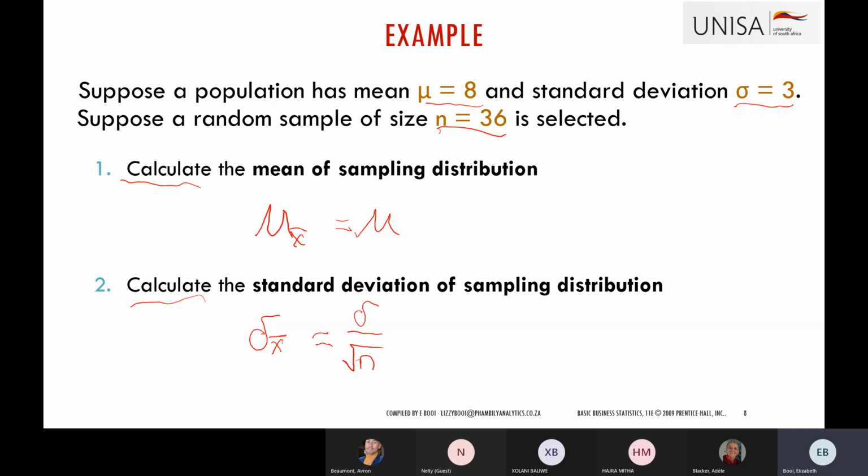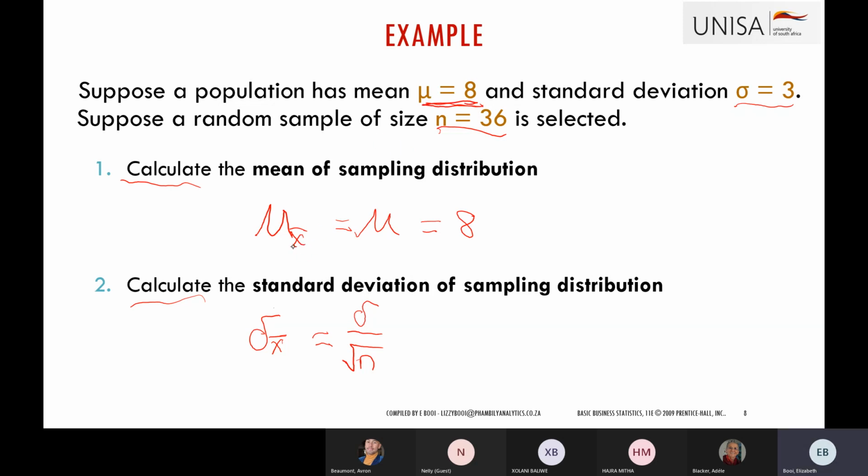Using my facts that I have identified previously, I can then now come and substitute into the formula and answer the question. The mean is equal to 8 because our population mean given as a fact is 8.